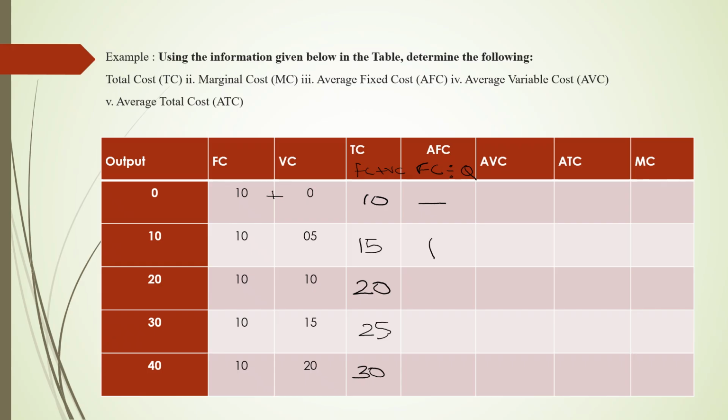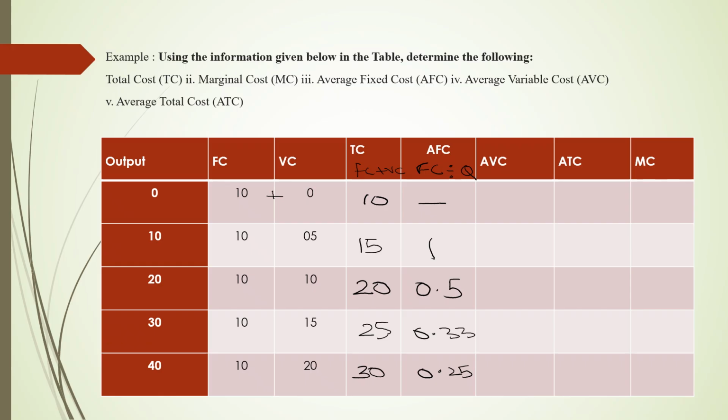Again 10 divided by 20, 0.5. Then 10 divided by 30, it will come to 0.33. Again 10 divided by 40, 0.25. This is how we calculate average fixed cost.